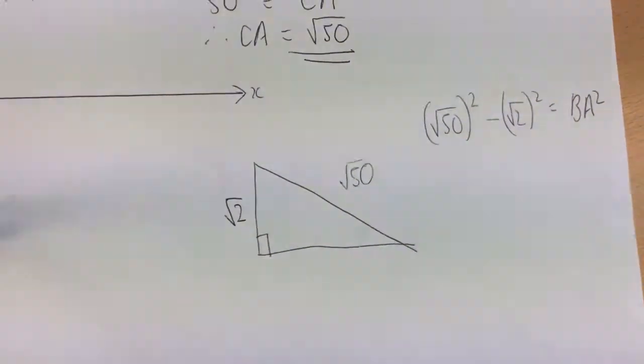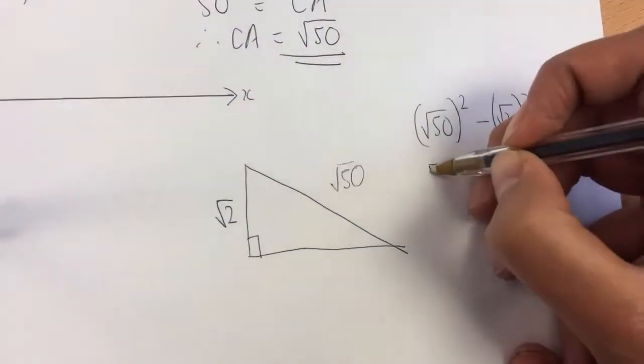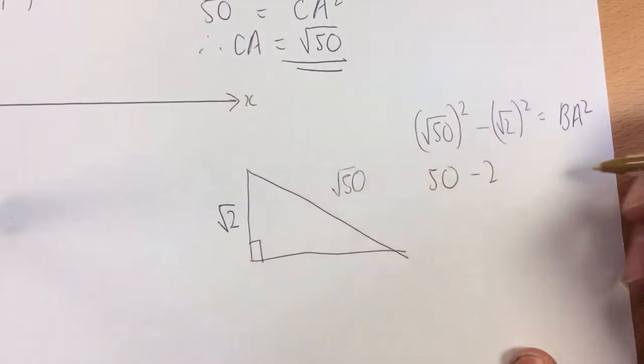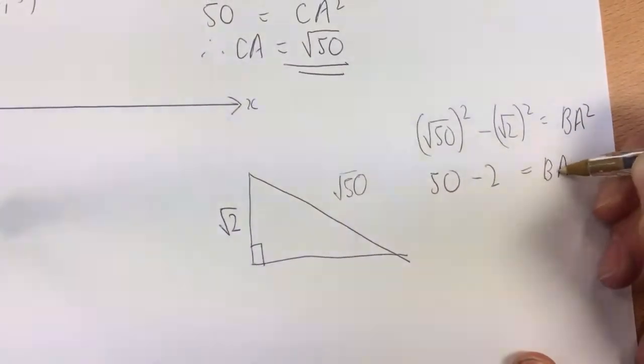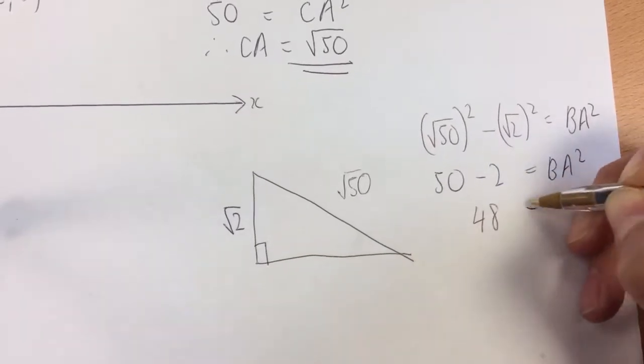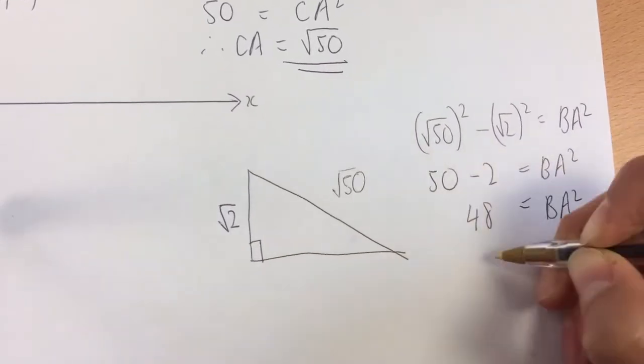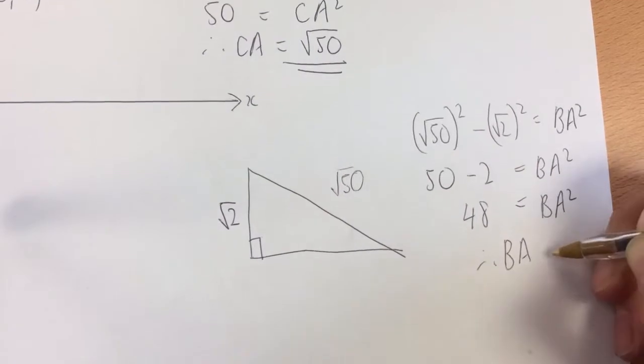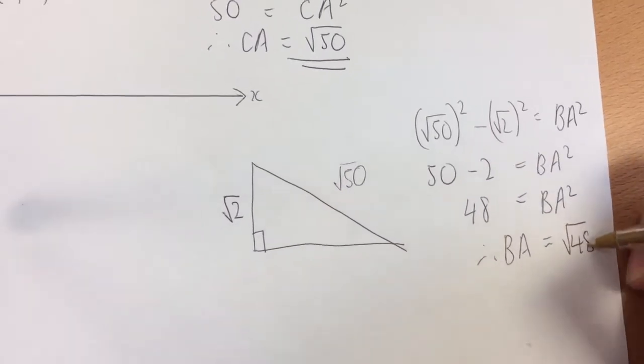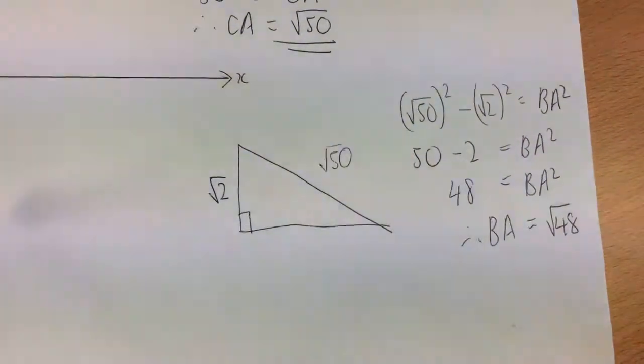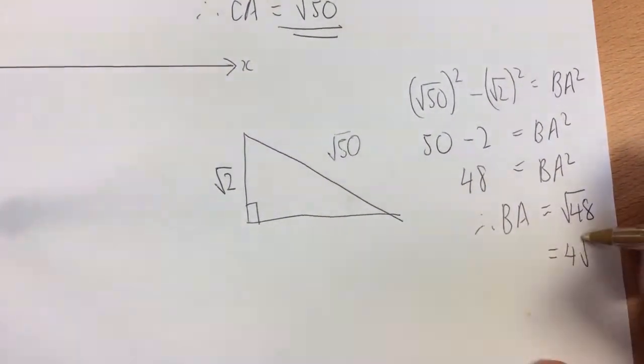And that's what we're looking for, that's the question. So that would be 50 minus 2 equals BA squared, 48 equals BA squared, therefore BA equals the square root of 48. And they've asked it in the form k root 3, which would be 4 root 3.